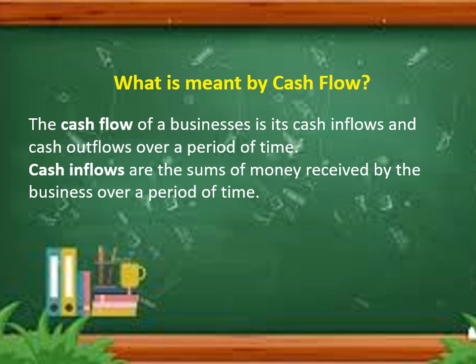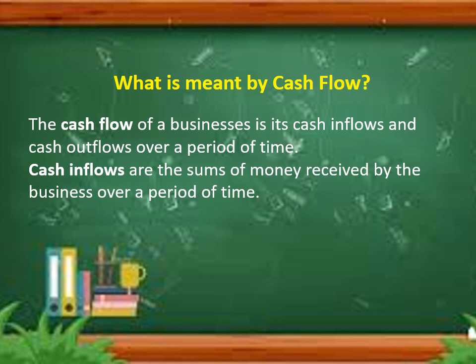Cash flow is the inflow and the outflow of the cash for a business over a period of time. Cash inflows are all the sums of money received by the business over a period of time.